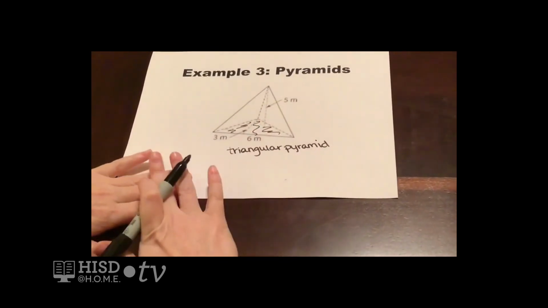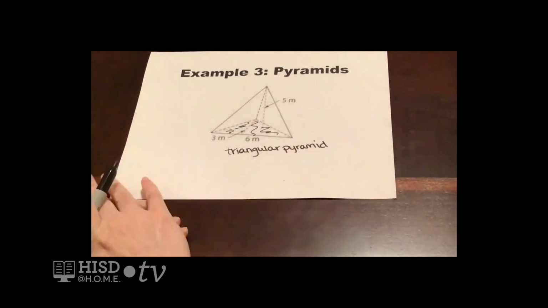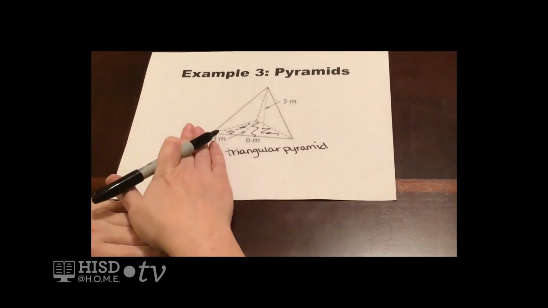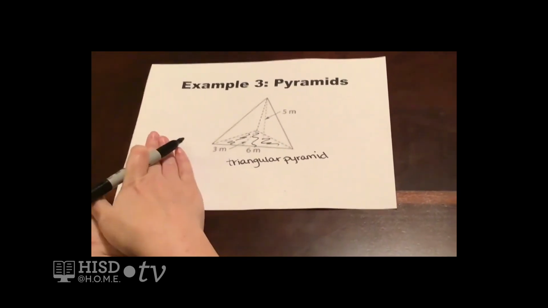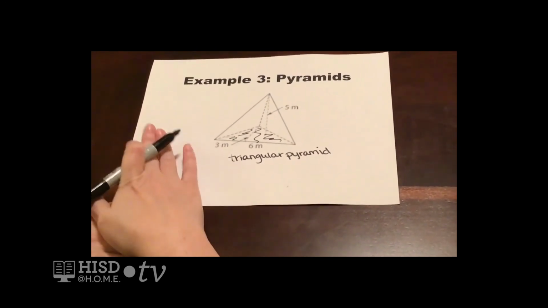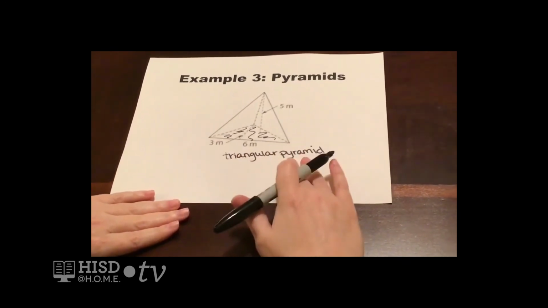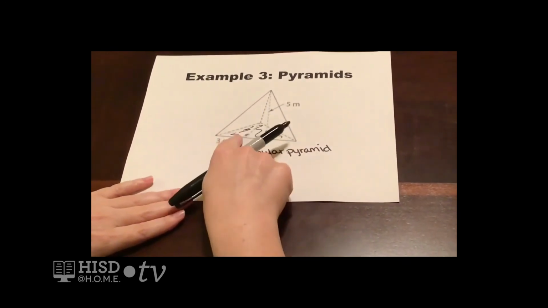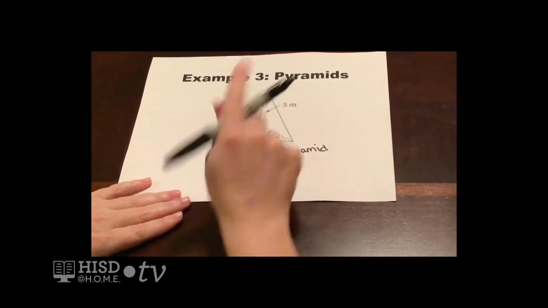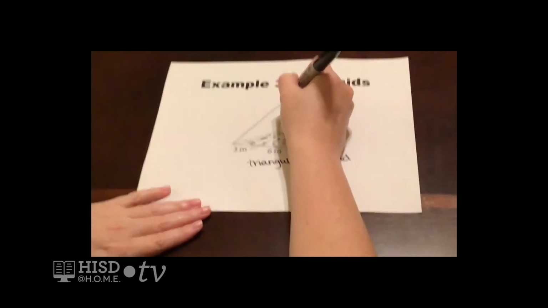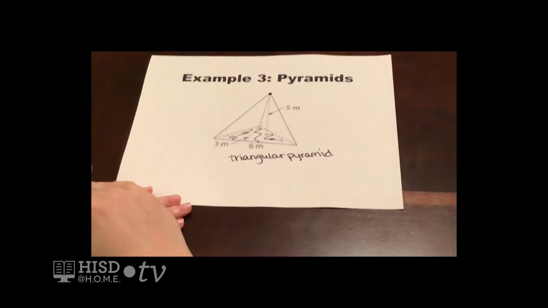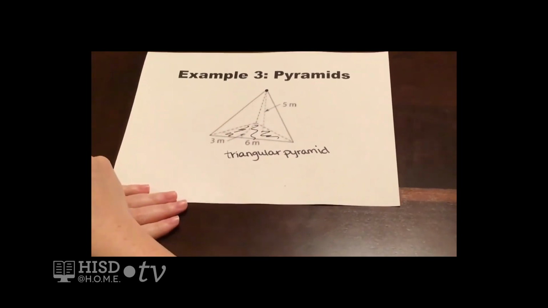If you look at the shape, there are no rectangles in this shape. We only have triangles. When you see a shape that is made of only triangles, you're talking about a triangular pyramid. It has one base, that's a triangle, and they all meet at one top at the apex.